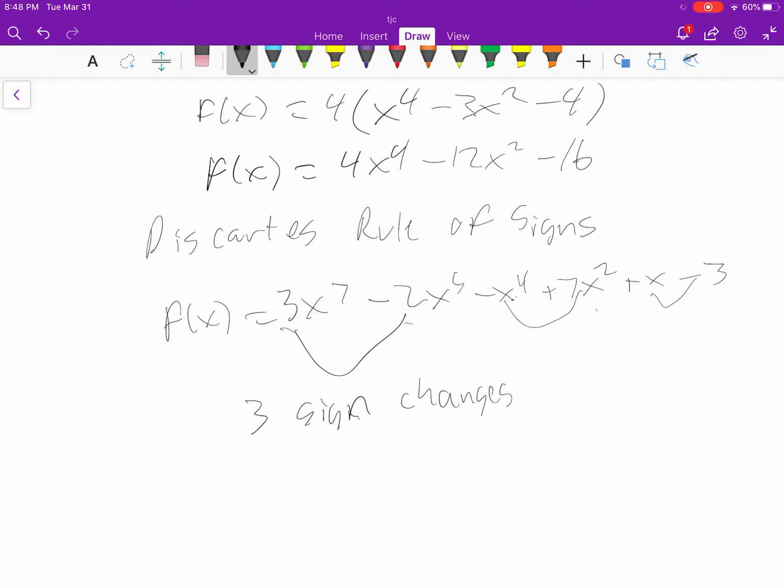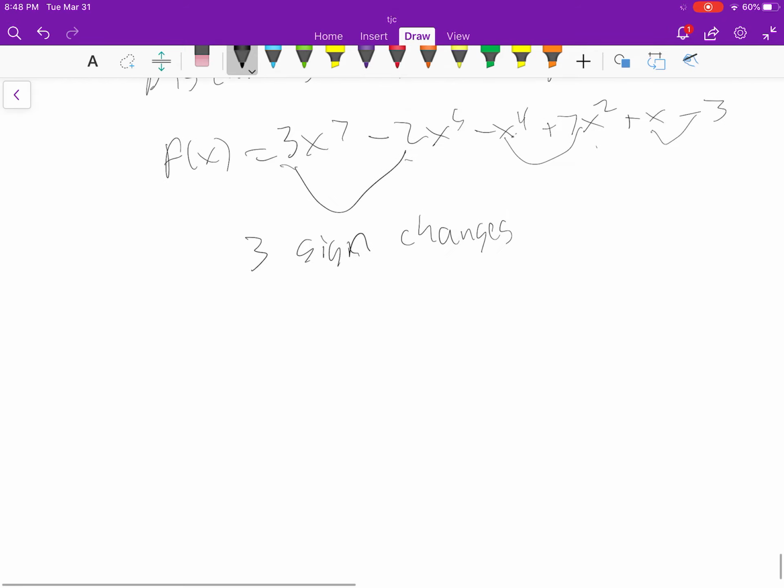And what Descartes' theorem is going to do is it's going to count up these sign changes. It's going to make a rule for how many real zero solutions you can have looking at these sign changes. Okay.